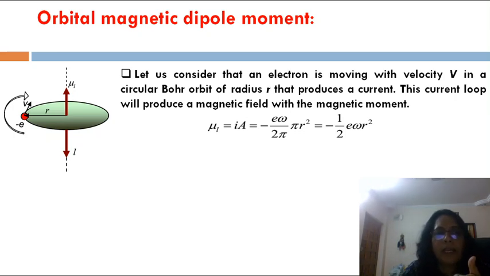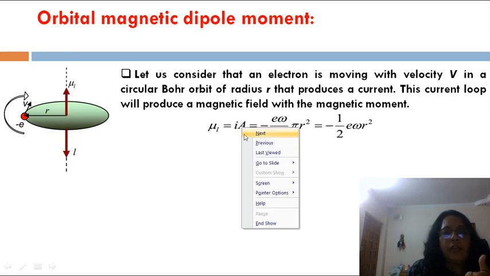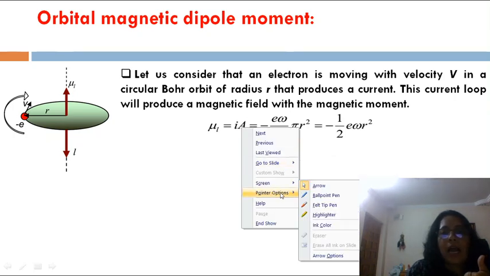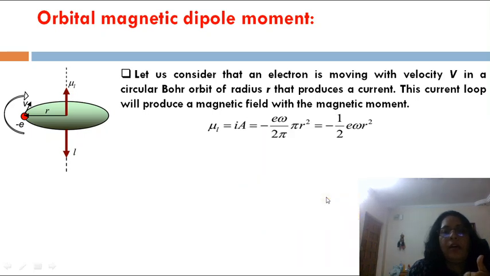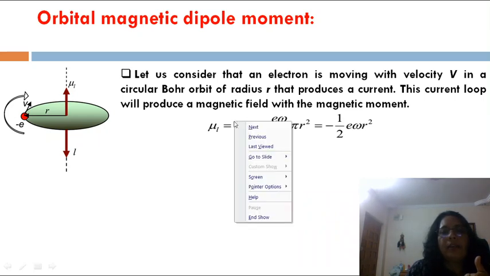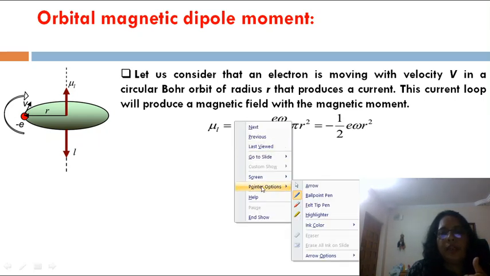So what is the magnetic moment associated with the magnetic field? The magnetic moment is the quantity to measure the magnetic field, which is given as mu L equal to I into A. What is I?